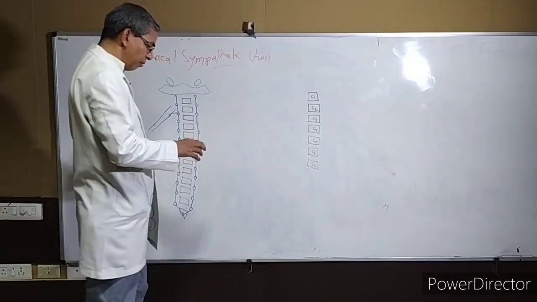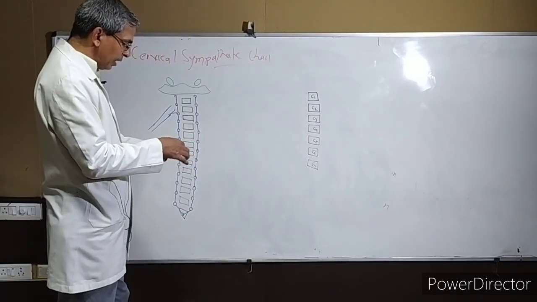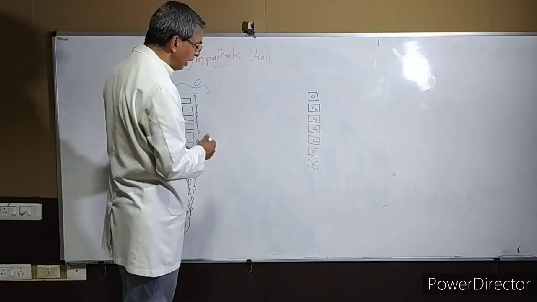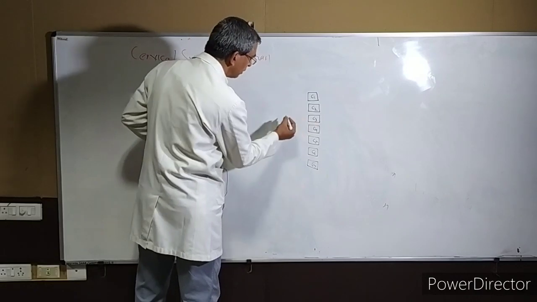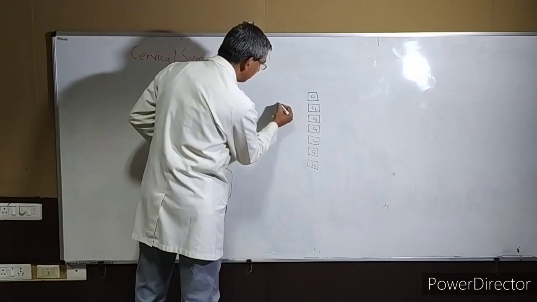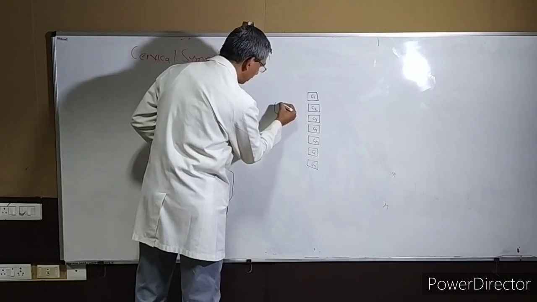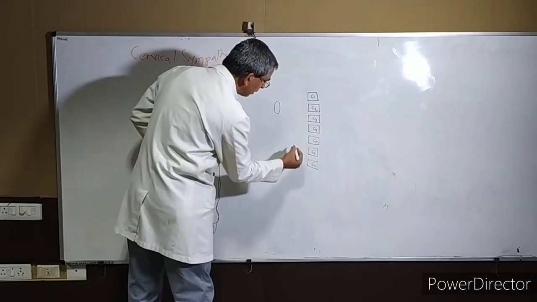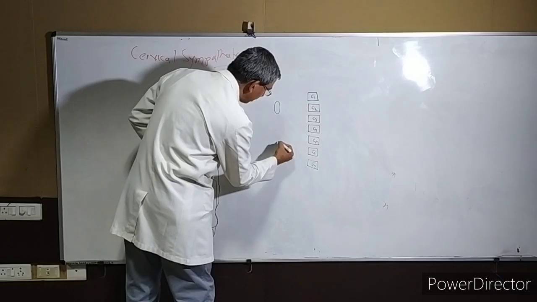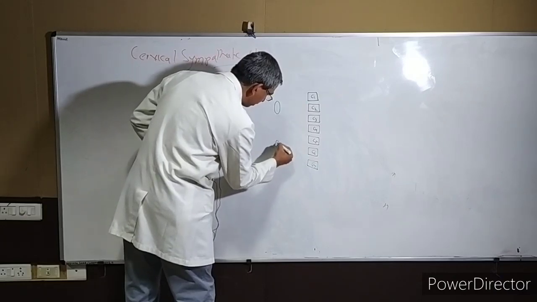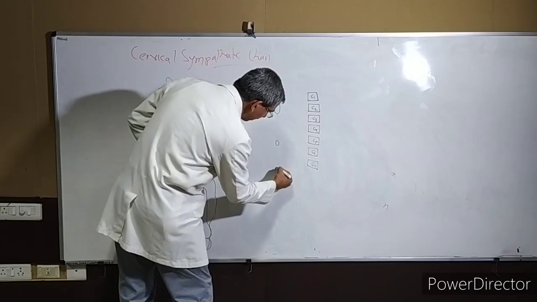Now, in the cervical sympathetic chain, there are three ganglia: the superior ganglia, middle ganglia, and inferior ganglia. This is the superior ganglia, this is the middle ganglia, and this is the inferior ganglia.